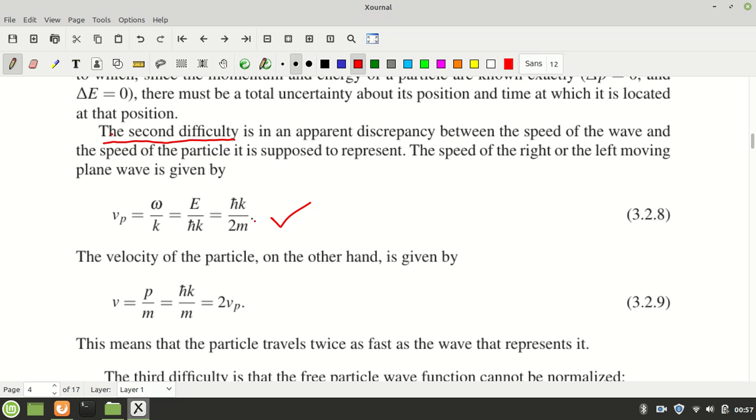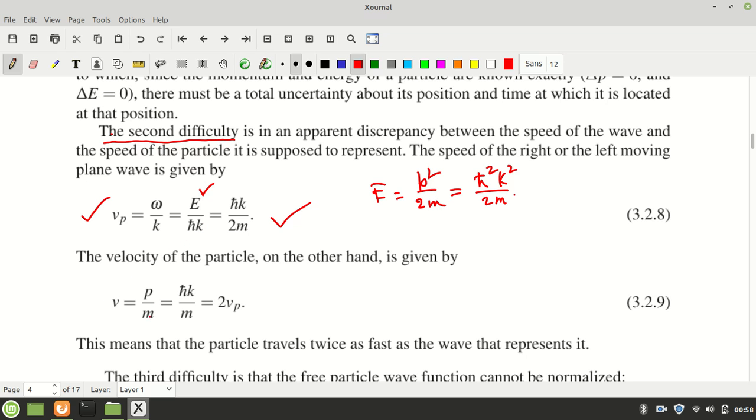How can you substitute using E? E is p square by 2m. So p is equal to h cut k, so E is h cut square k square by 2m. If you put E is equal to h cut square k square by 2m, it results in this formula, which is the phase velocity of the wave, that is the wave velocity.